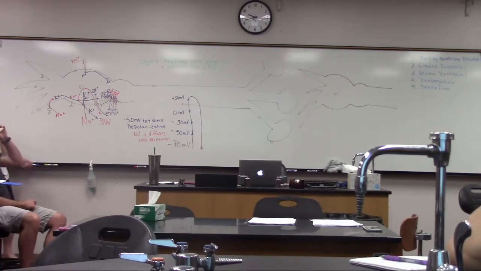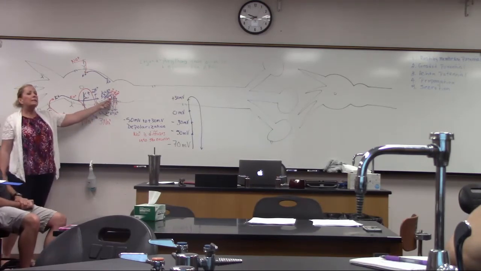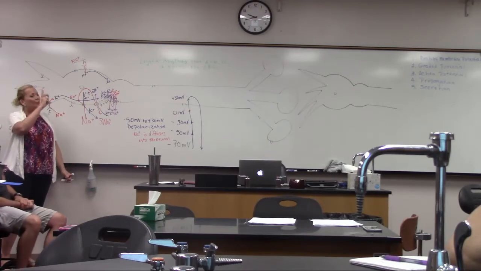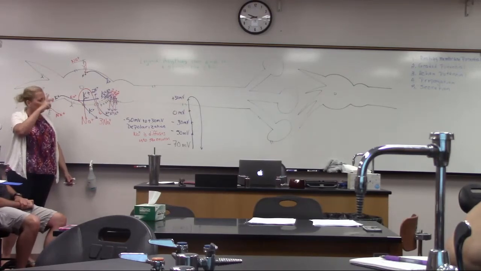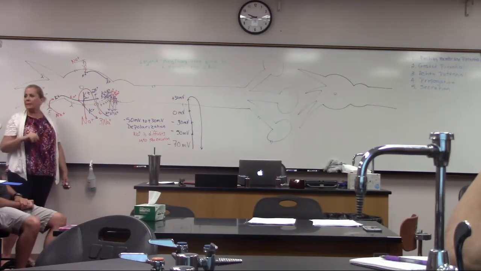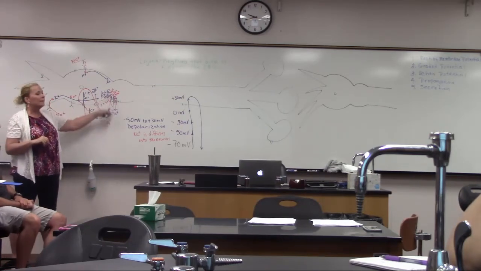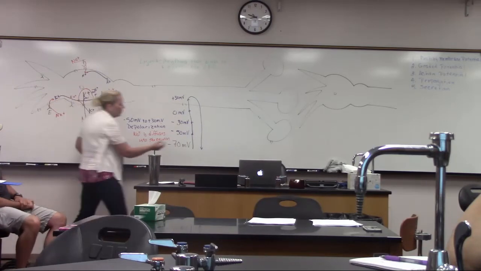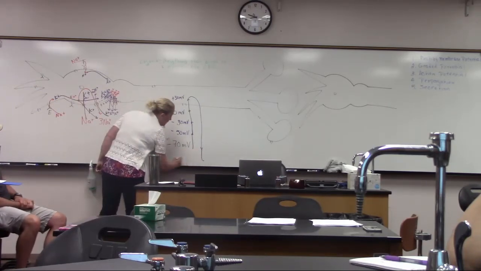Now we have a change here at minus 70 because some of our potassium voltage regulated gates will slowly, kind of sluggishly start to close, which also means some of them stay open, so potassium can continue to diffuse out until we get all the way down to minus 90 millivolts.